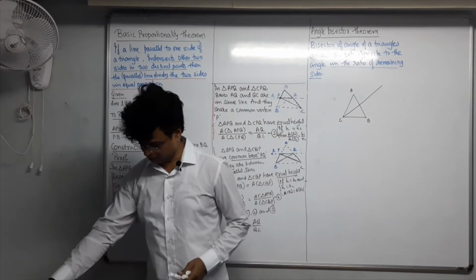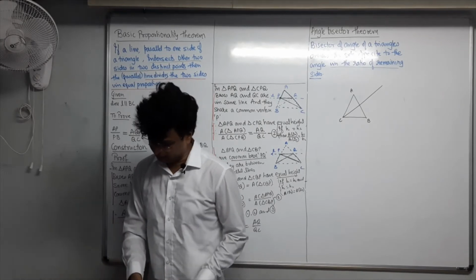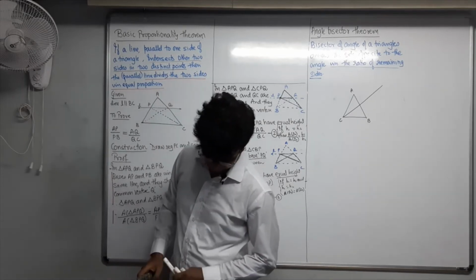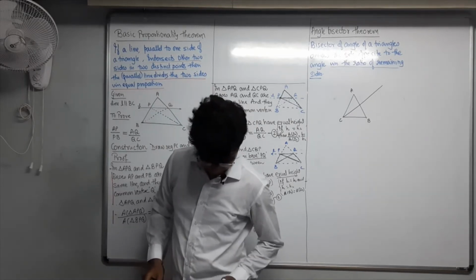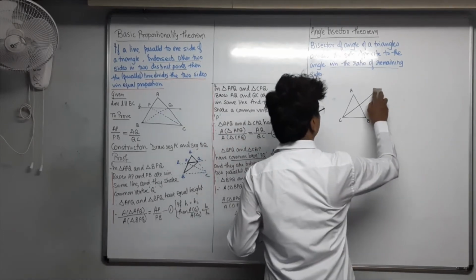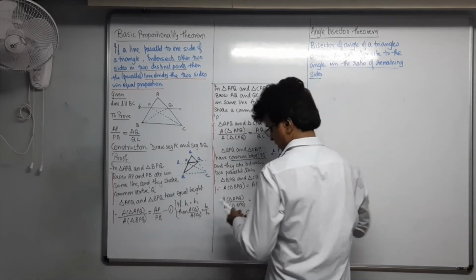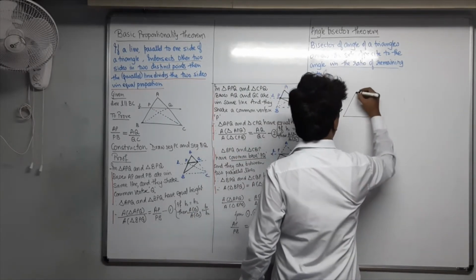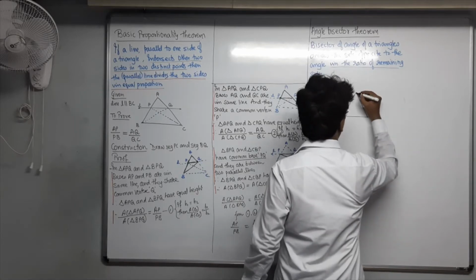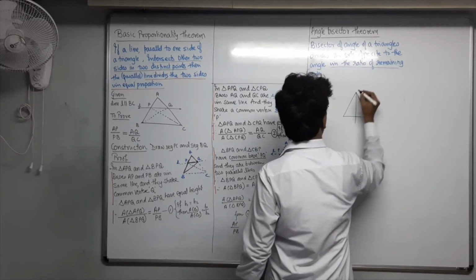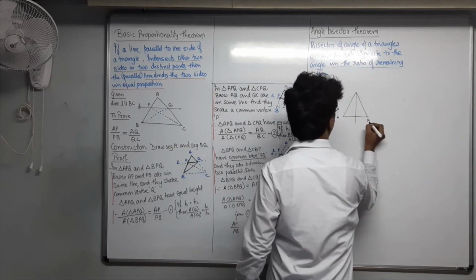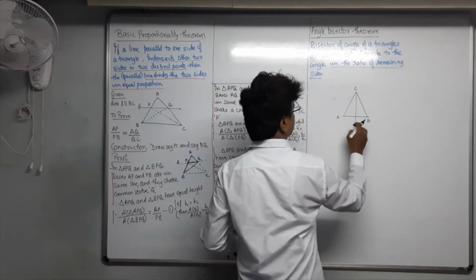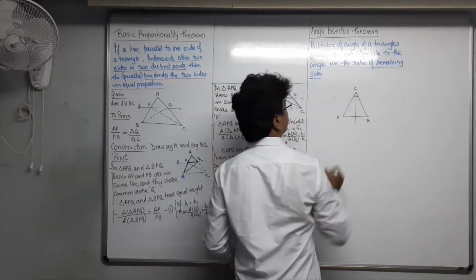This diagram is basically... no, I better go in that fashion only. Whatever they have shown, I'll keep it in that fashion only. This only they have shown. This is ABC. ABC, fine. This is the angle bisector, fine.